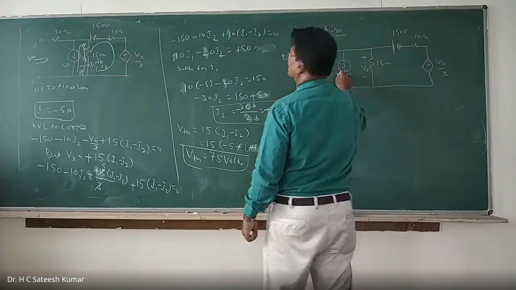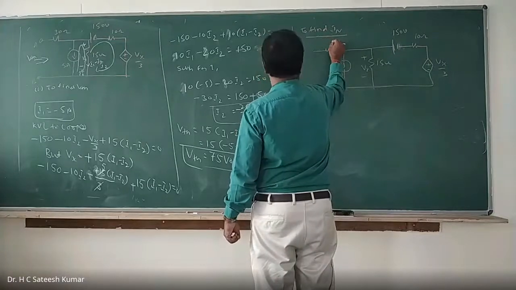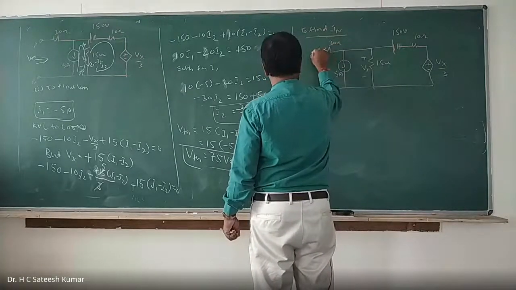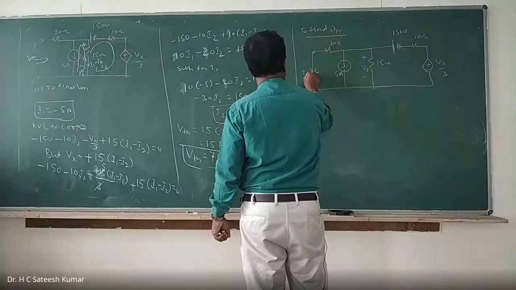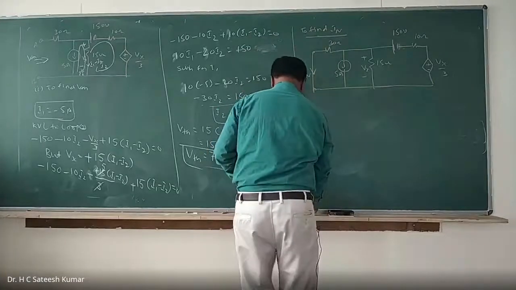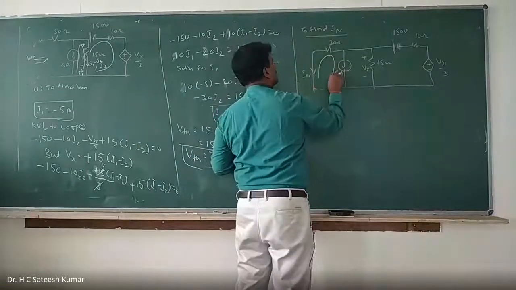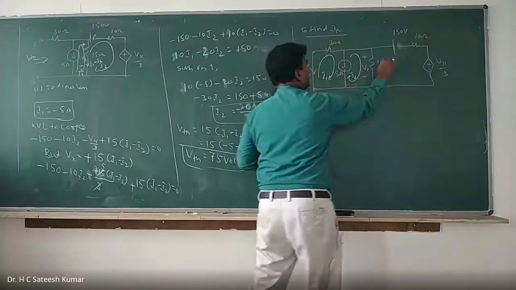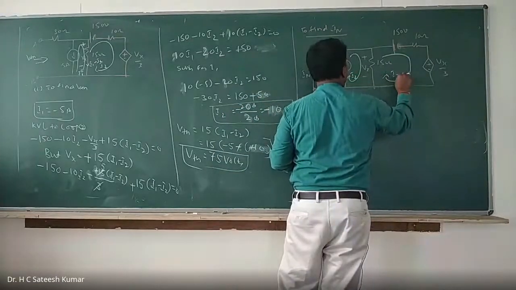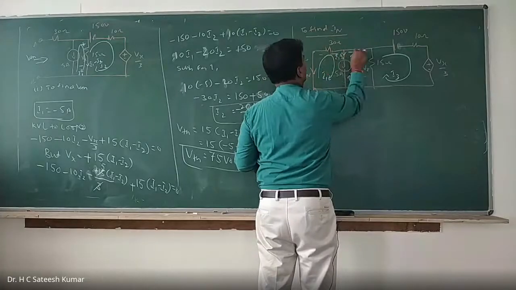And this is 5 amps, and this is 30 ohms, and this is short circuited. That is your IN. Now apply KVL. This is your I1, I2, I3. This is I1 minus I2, super mesh.